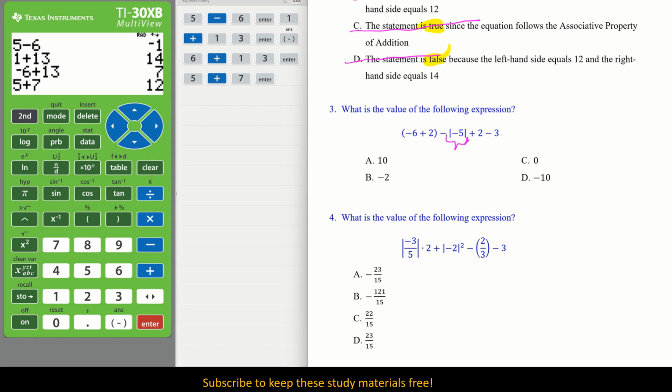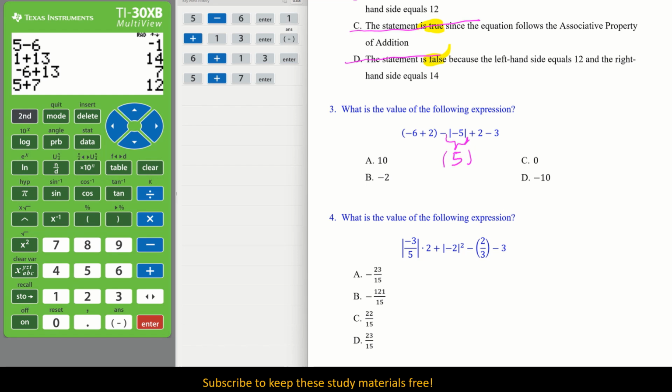You'd have to get a higher level of calculator. Of course, the TI-84 has absolute value. But for us, this is what we can do. Well, we know that absolute value means if it's negative, then we have positive. Well, just use parentheses and type in 5.